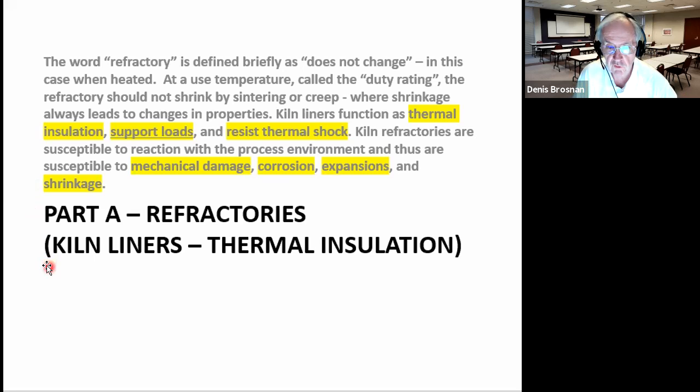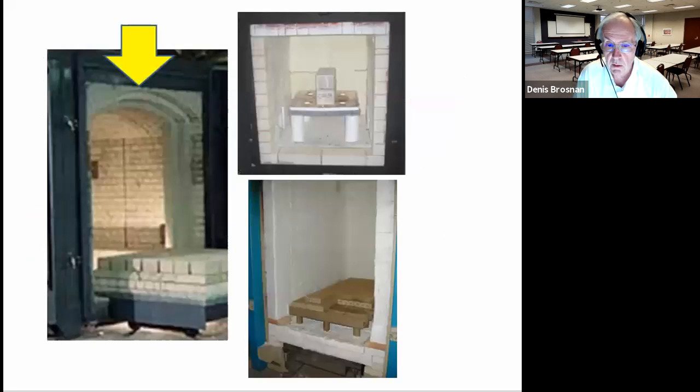So I'm really going to use the words kiln liners to talk about thermal insulation. And just to get you started thinking about this, we have several types of refractories. You've seen these pictures before, but typically in the shuttle kiln, you can see the bricks that constitute the lining and the deck on the kiln car to support whatever's being fired.